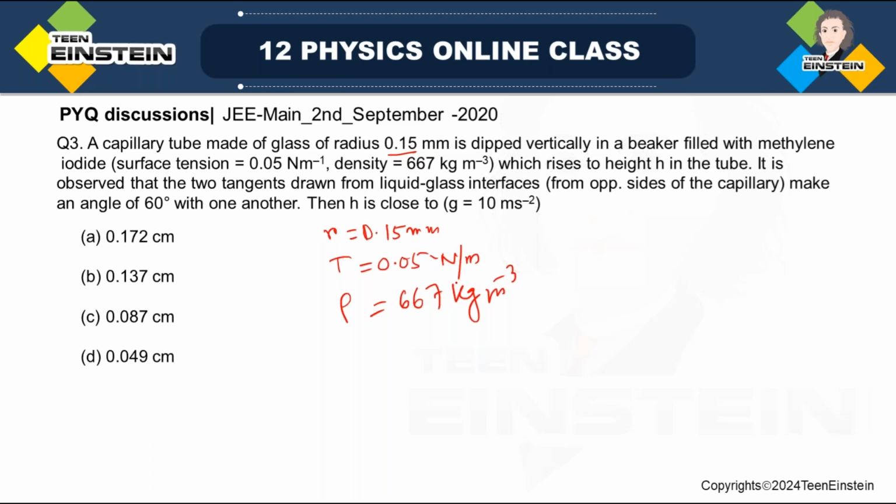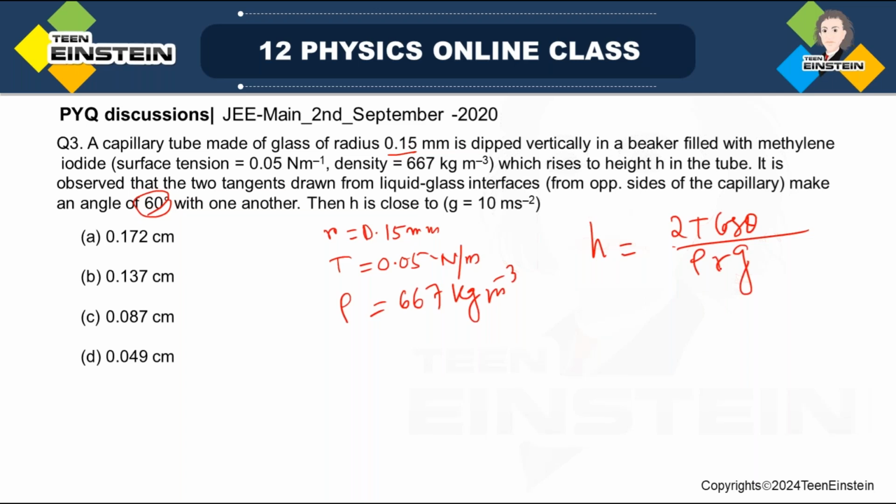So here, just by seeing this capillary action and this particular angle, you should not jump and do the calculation with the formula itself. Suppose this is actually a formula-putting problem only, with a little trick. So you know h equals 2T cos theta by rho r g. g is the acceleration due to gravity.